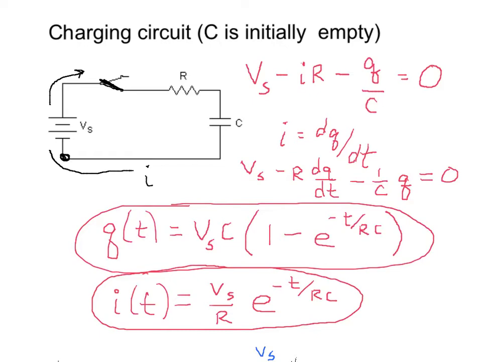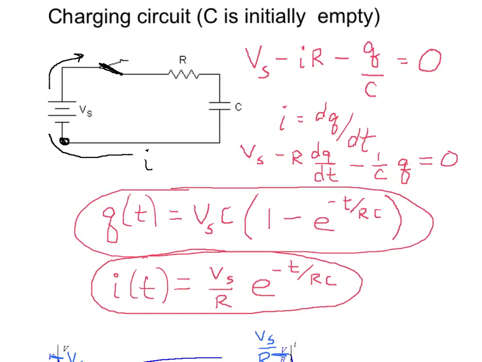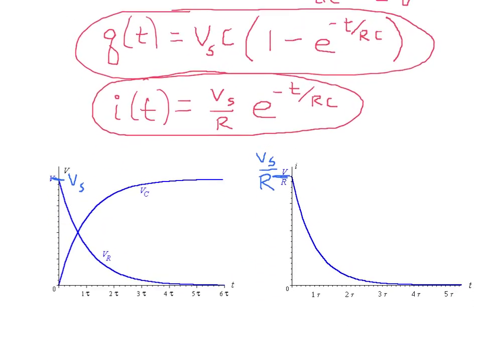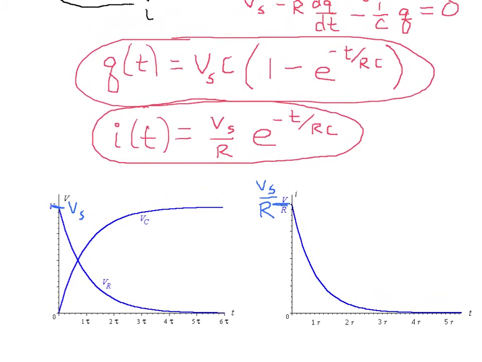And if we do it graphically, now I'm going to show you what we have graphically, because I've got some graphs of the voltages and the current that we would measure. And I want to show you why we ask questions like immediately after the switch is closed or a long time after.